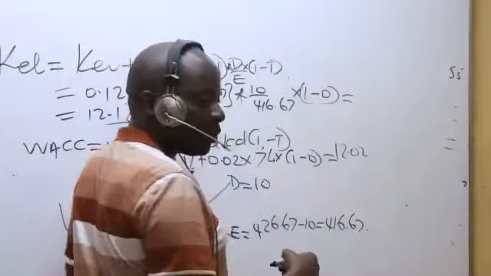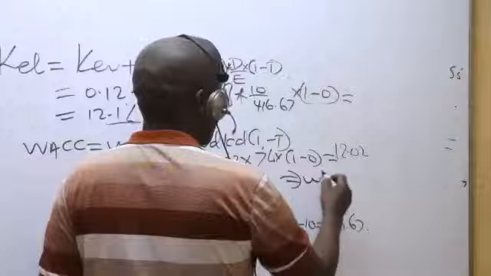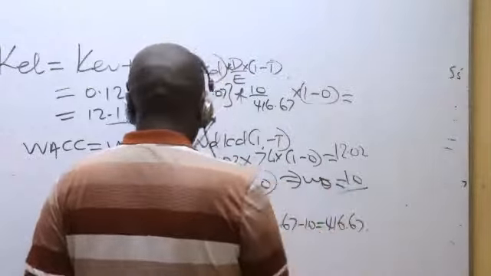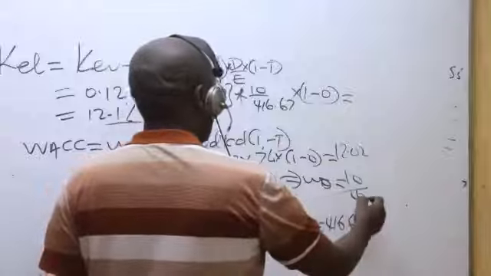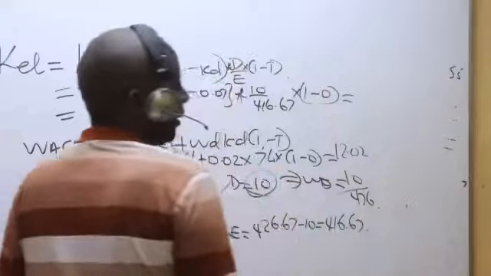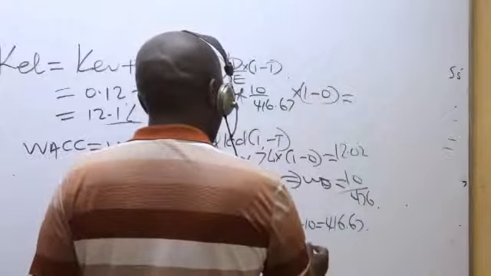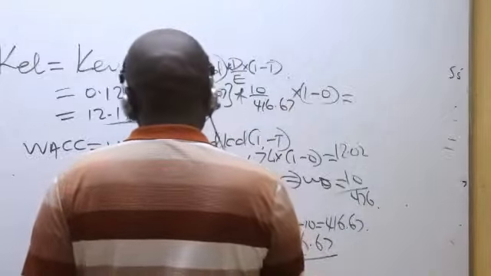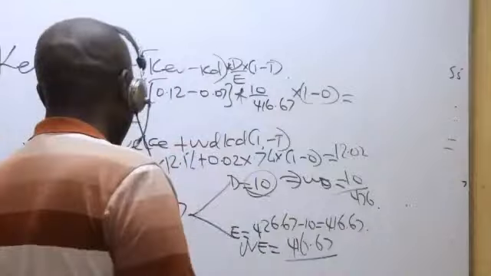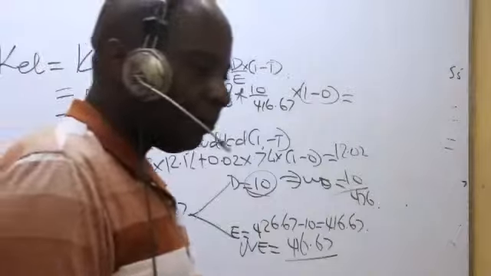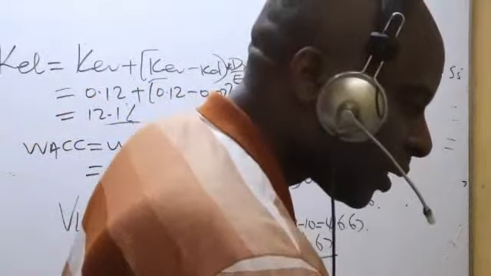Therefore, in terms of weights, weight of debt will be the debt amount 10 over the total value, 426, not 416. Then weight of equity will be the equity amount 416 divided by the total value, 426. Let's try that. And again, you'll have access to this video, which you can work with.